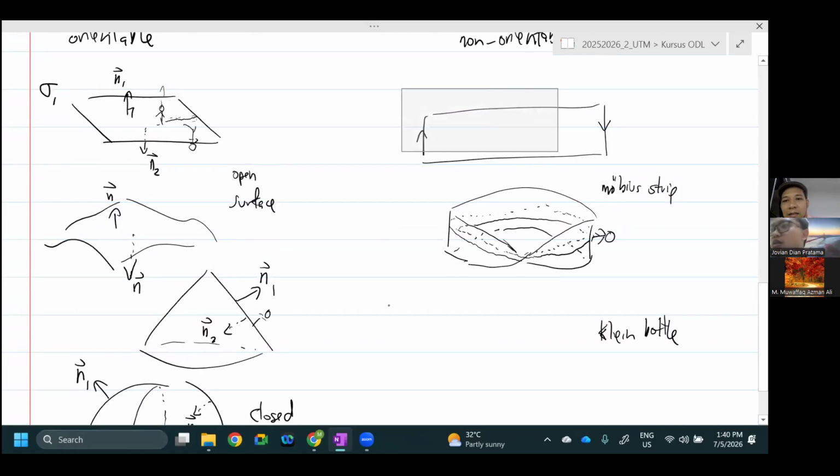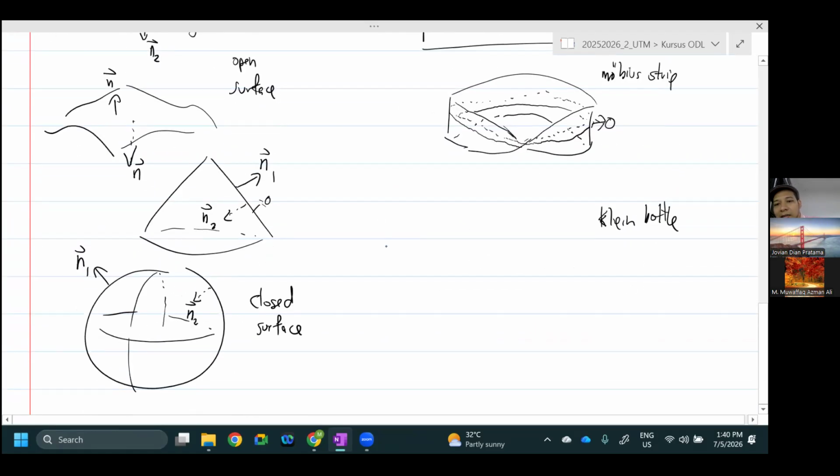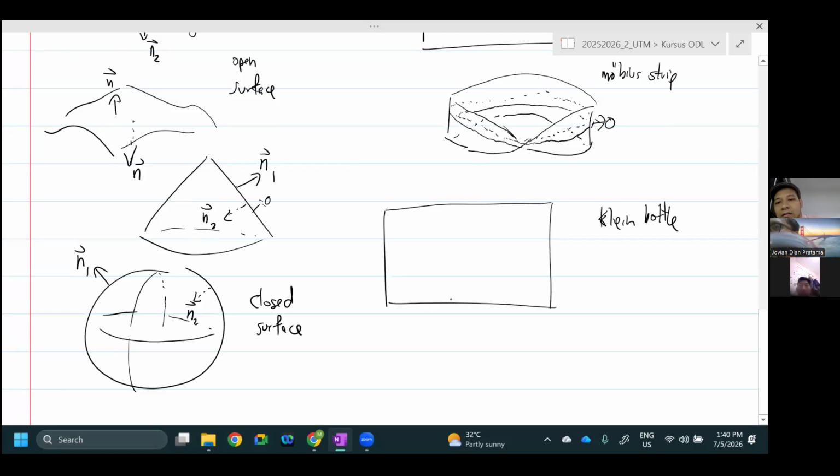So the strip you have here, you can make it this way. First you glue it in this direction, and then you glue it another way and twist it. This is not imaginable in our three dimensions, but there are many objects that make it this way.